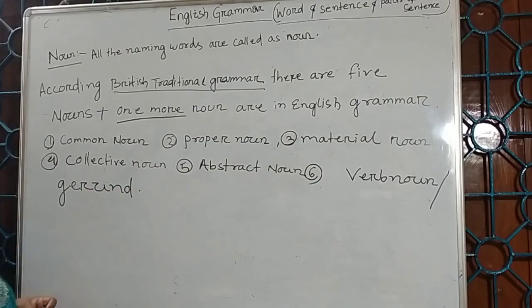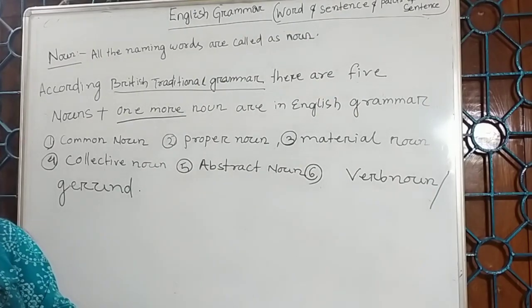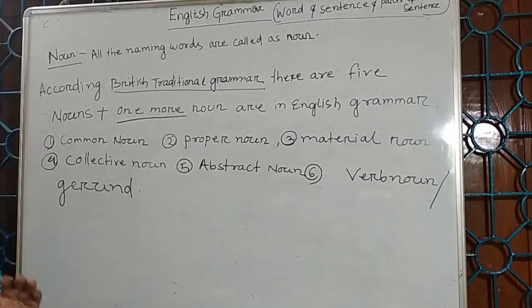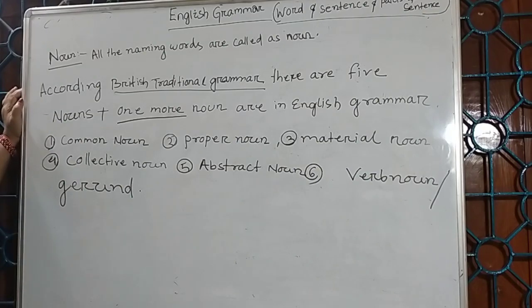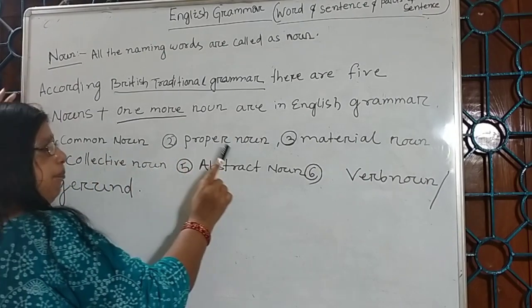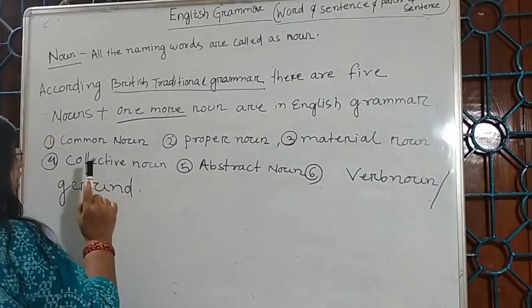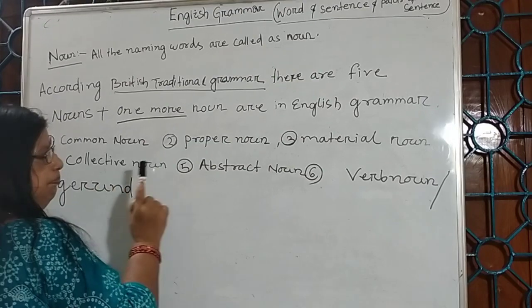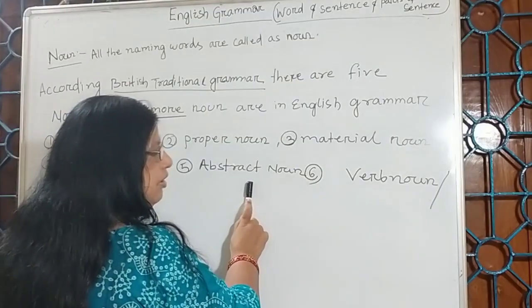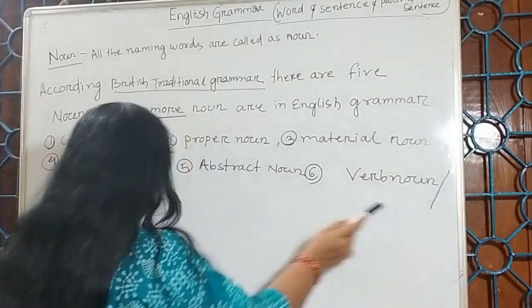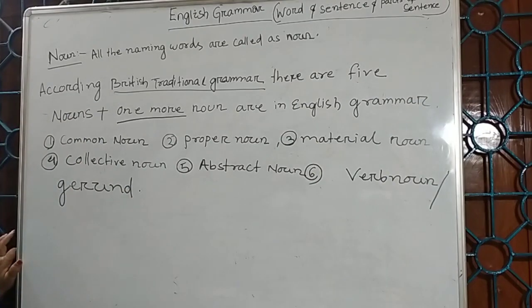So, according to traditional British grammar used in India, there are 5 plus 1: common noun, proper noun, material noun, collective noun, abstract noun, and sixth is verb noun or gerund.